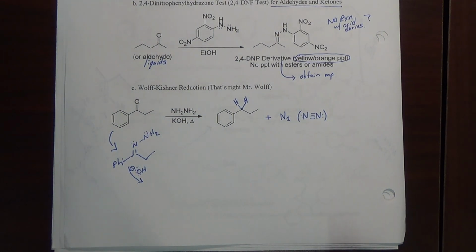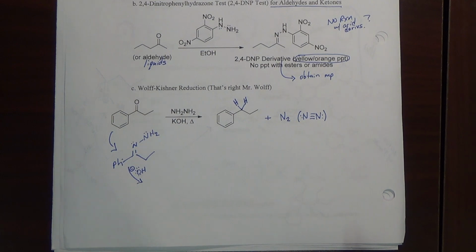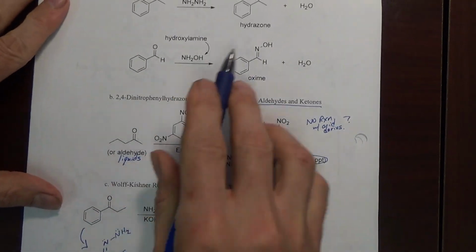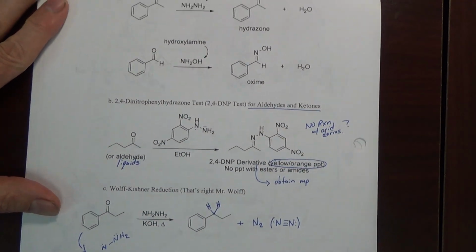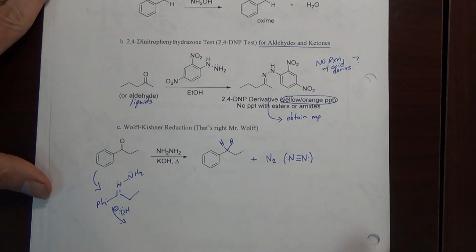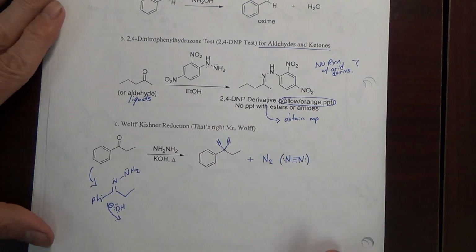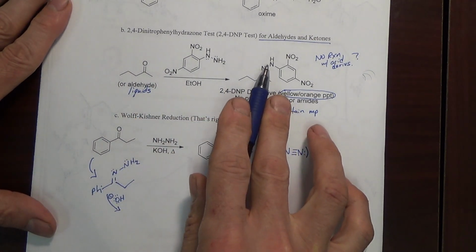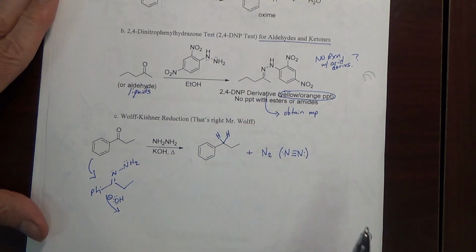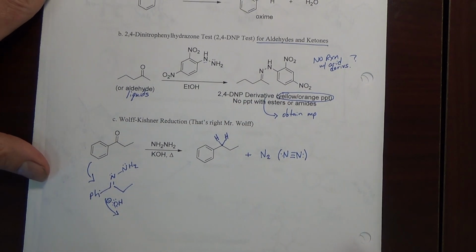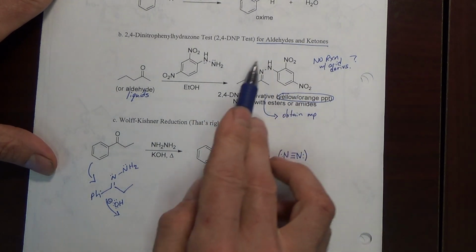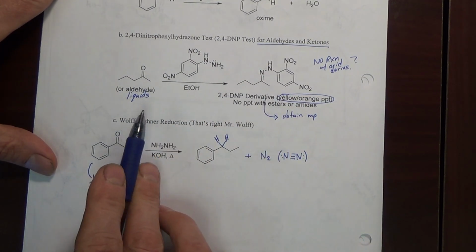Hi guys, in this video we will continue our look at imines or Schiff bases. Lots of applications of imines. We saw some specialized imines such as hydrazones and oximes. We saw a 2,4-DNP test, which is formation of the 2,4-dinitrophenylhydrazone, which always forms a yellow-orange precipitate.